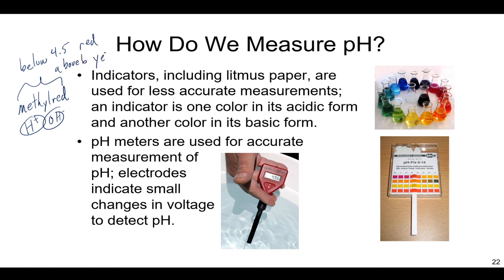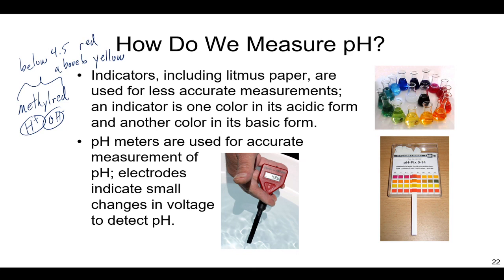Well, now it turns yellow because of this structural rearrangement due to these different ions floating around that it's binding with. And in between 4.5 and 6, which is a pretty large range because remember that's a logarithmic scale, right? You have some of both types, red and yellow, around, and so the color change is kind of gradual for that methyl red, and thus that solution.